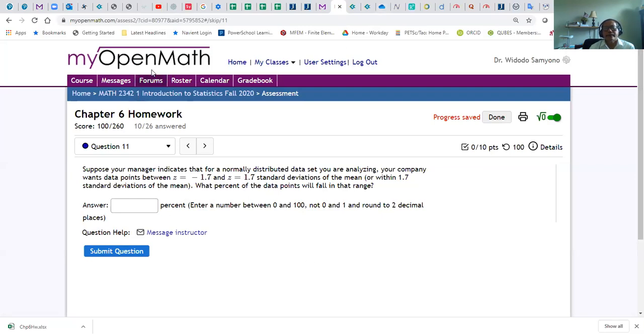Enter a number between 0 to 100, not 0 and 1, and then to two decimal places. So you're looking for the area between these two points, right?